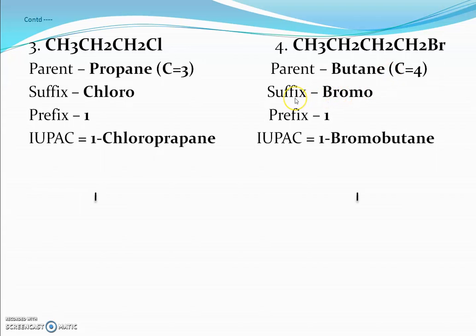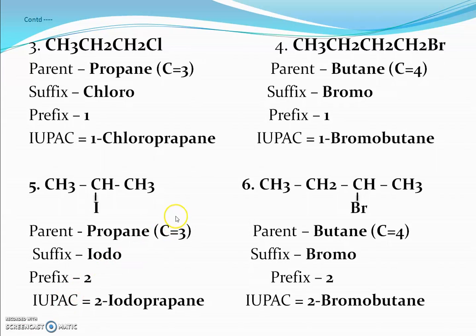The prefix which we will use is bromo because a bromine atom is present in the molecule, and the locant is 1 because when we number the chain, the numbering will be done in such a way that the carbon atom to which the bromine atom is attached should get the lowest possible number. So that's why the locant is 1, and therefore the IUPAC name of n-bromobutane is 1-bromobutane.